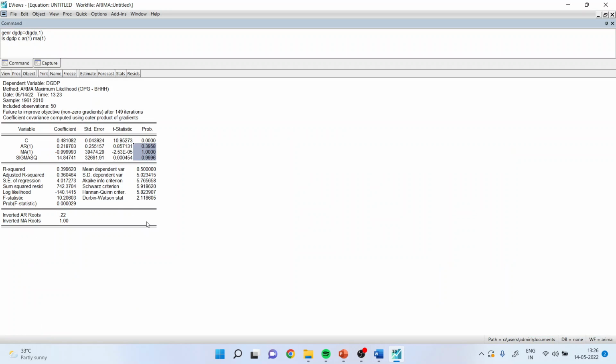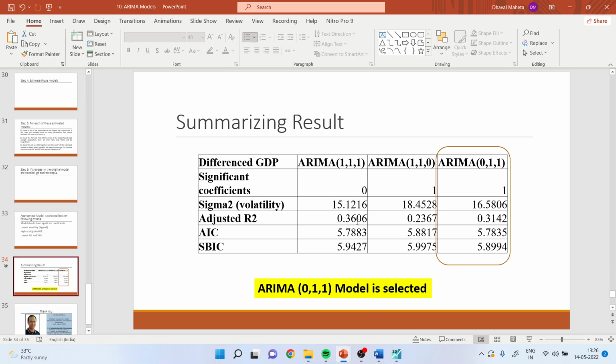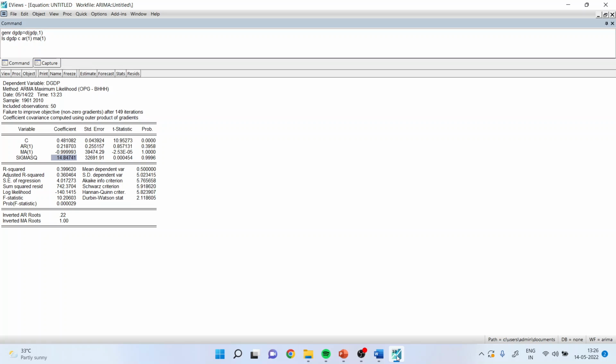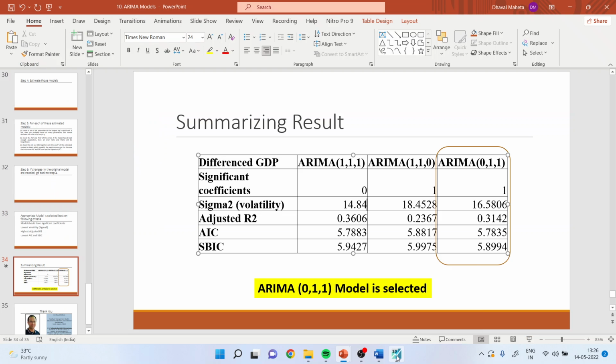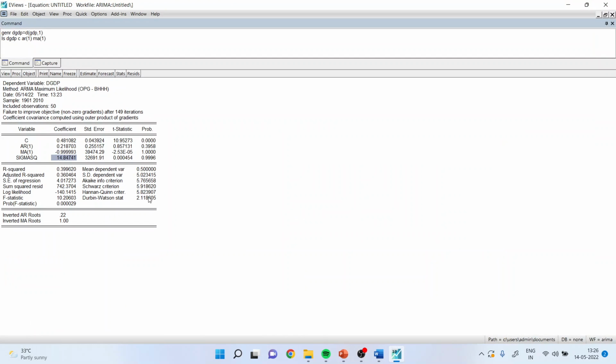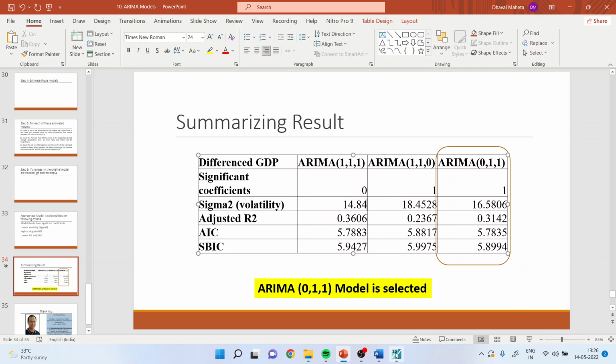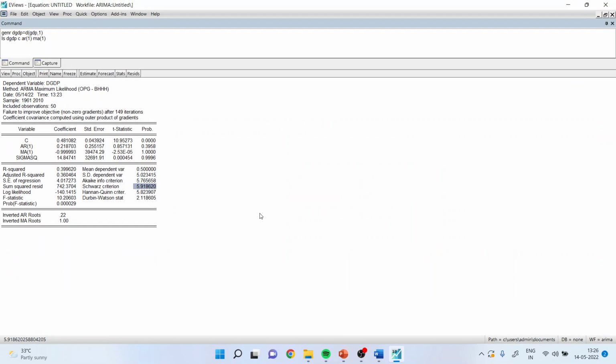Sigma square is 14.8. Now adjusted R square is 0.36. It is more or less similar. AIC is 5.788, it is more or less near to it. And SBIC is 5.94. It's okay.